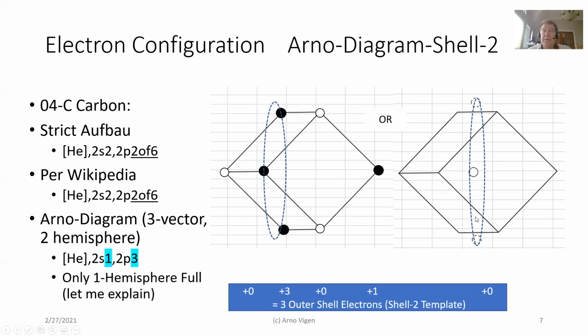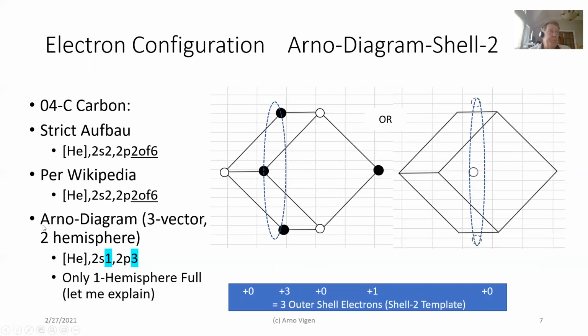Okay. In the case of carbon, we're at 4. So we're not using this right side of the Arno-diagram shell 2 template. Instead, we're using this left side, and we're trying to fill with only full subshells. Well, there it is. Strict Aufbau says that this would be 2s2 and then 2p2, a partial.